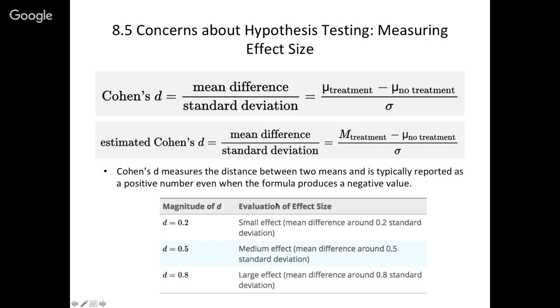How can we evaluate the effect size based on the magnitude of d, right? If d equals or is smaller than 0.2, we say there is a small effect. If it's around 0.5, we say it's a medium effect. If d equals 0.8, we say it's a large effect.